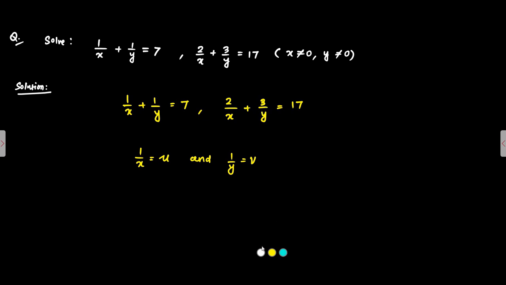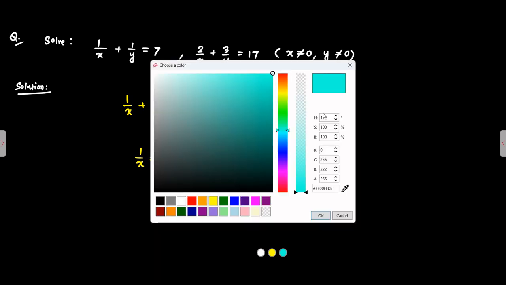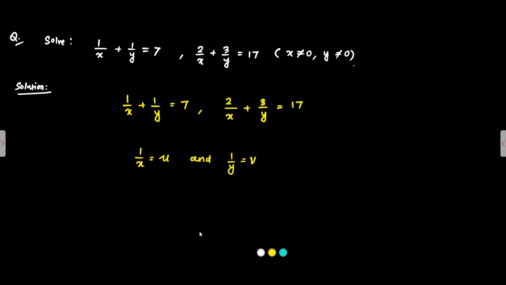So the modified equations are u plus v is equal to 7 and 2u plus 3v is equal to 17.